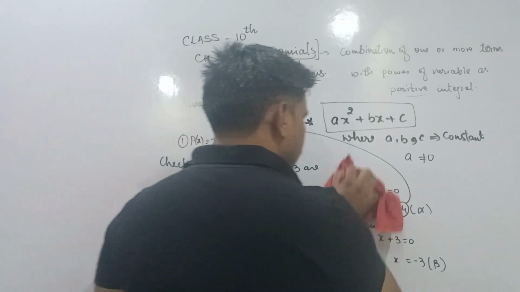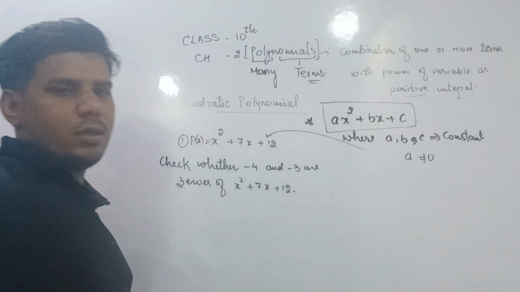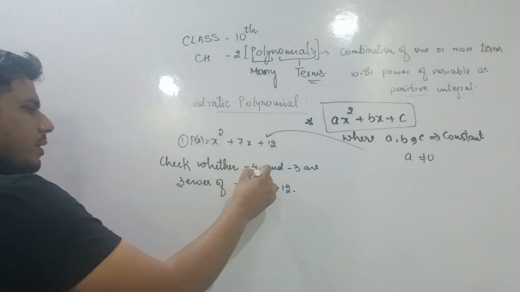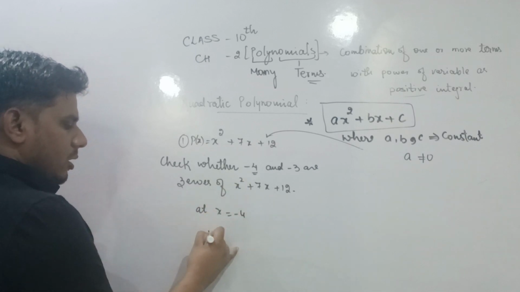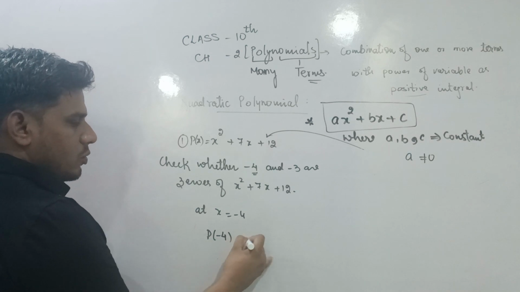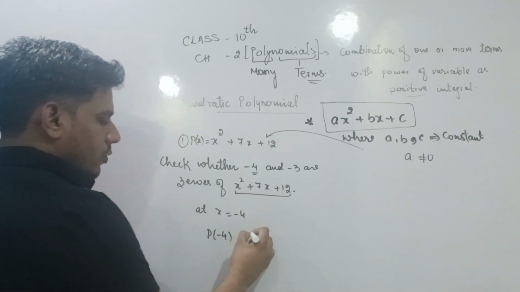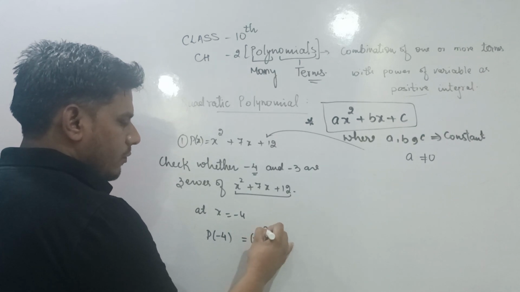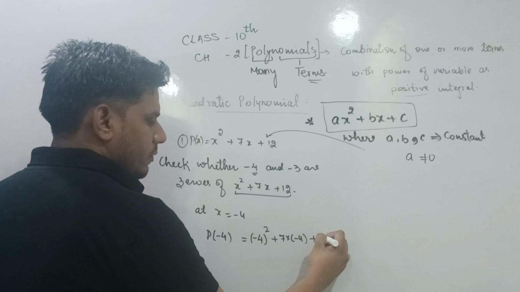So what we need to do, we need to put values of x one by one. So here first we will have x is equal to minus 4. At x equal to minus 4, if we are putting here p minus 4 means in place of x we are putting minus 4. So in this part also we have to put minus 4 in place of x. So here we have minus 4 square plus 7 into minus 4 and plus 12.